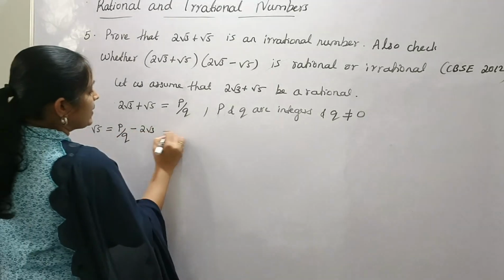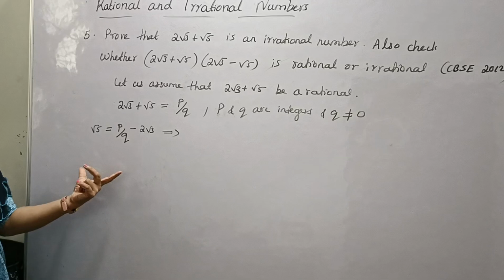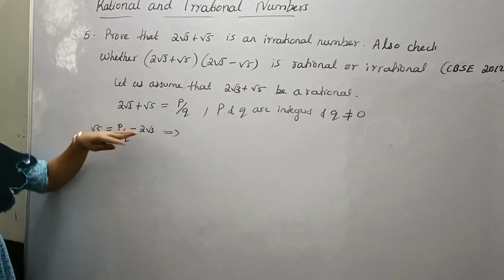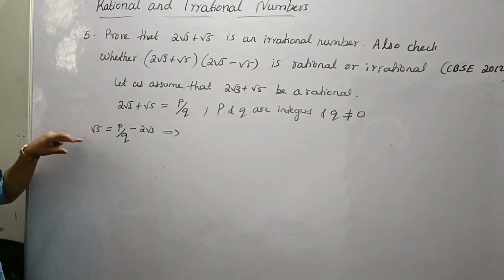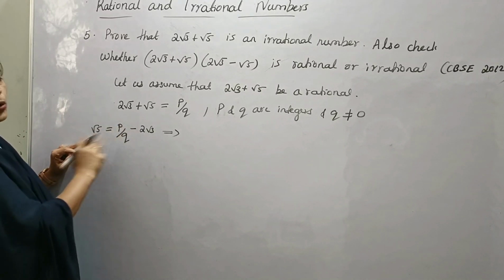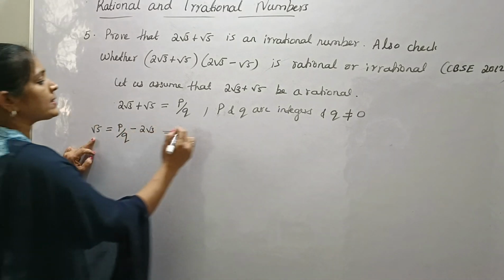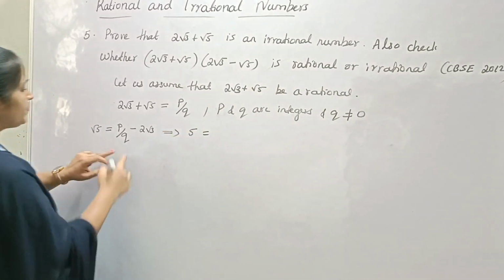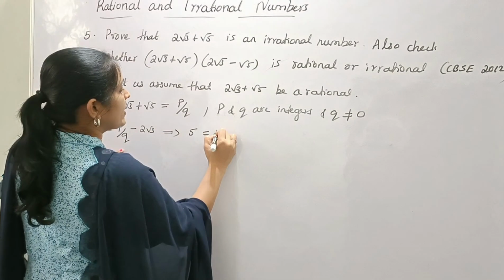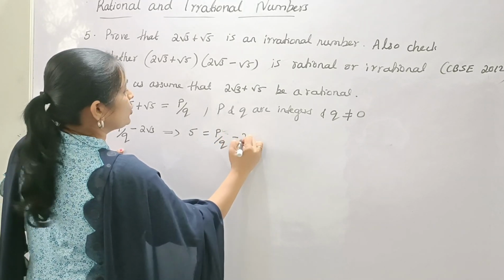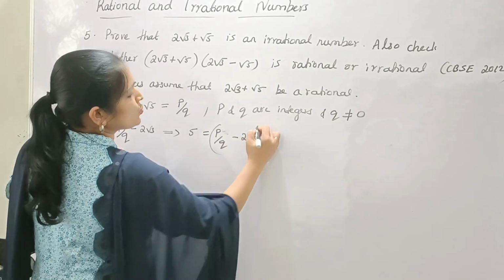Then on squaring both sides, because here we have two irrational numbers on both sides, right? So here we have to square on both sides. On squaring both sides we will get root 5 square is 5 is equal to p by q minus 2 root 3 whole square.